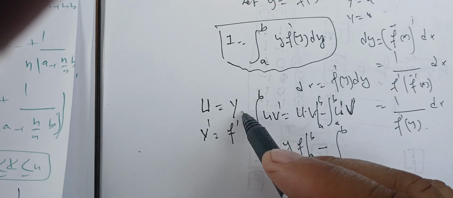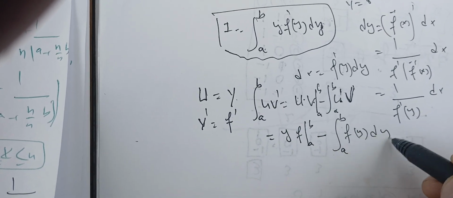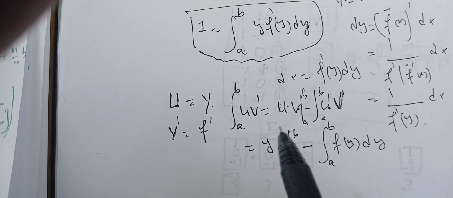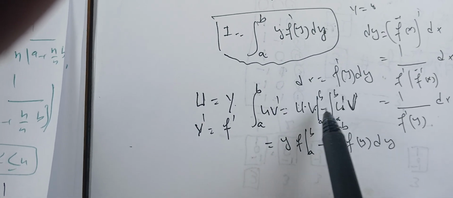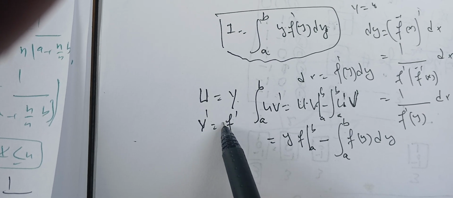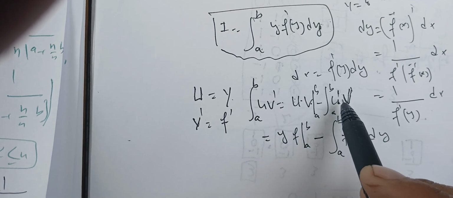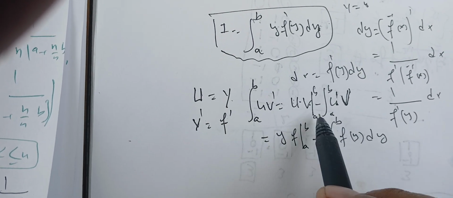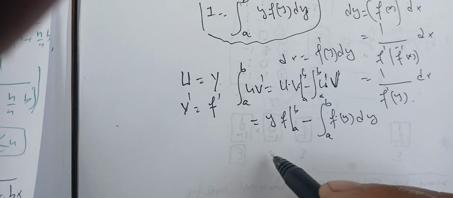Be careful. u prime is 1, and v is f of y dy. So we have y f between a and b, minus the integral of 1 times f. Now, we can evaluate.